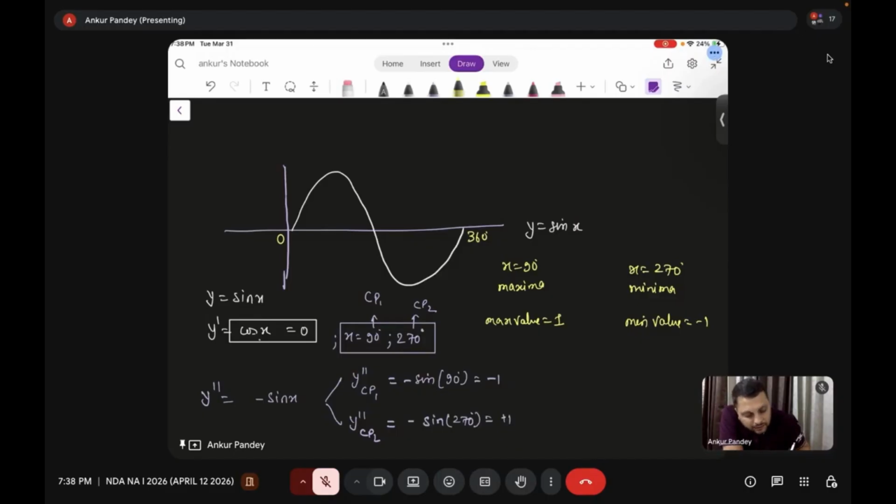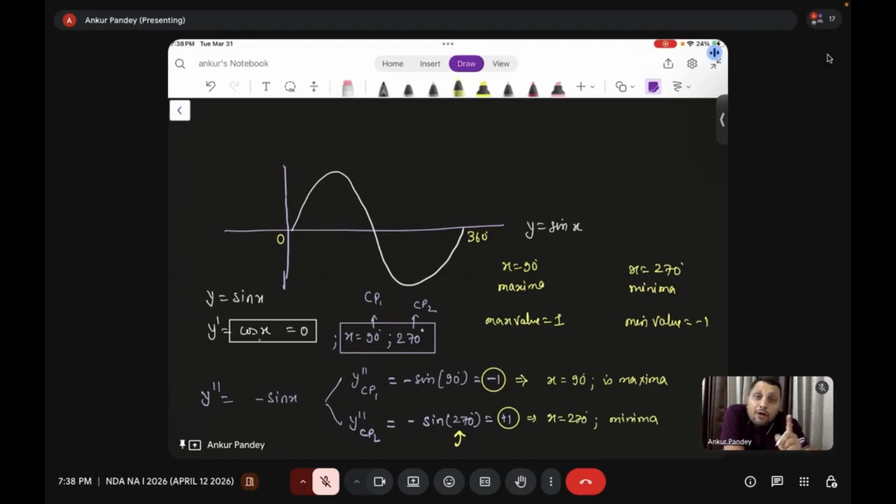This is a negative value, which tells you that x equal to 90 degree is maxima. Understood? There is a positive value which tells you that x equal to 270 degree is minima.